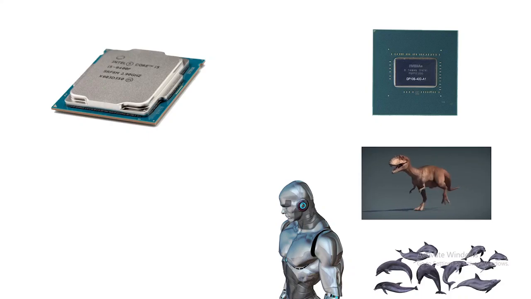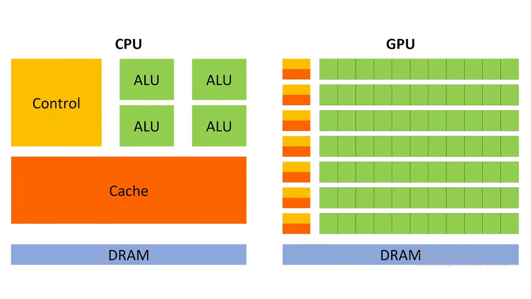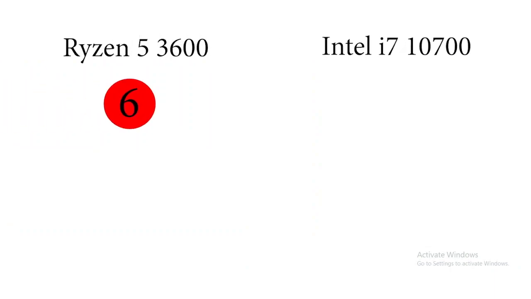Speaking of architecture, let's go over the physical difference of these two chips. Where CPUs will have the advantage of larger pools of cache memory, GPUs have a huge advantage in the brute force of their thousands of cores. So for an example, a modern CPU, say the Ryzen 5 3600, which is a 6-core CPU, or an i7 10700K, which is an 8-core CPU, are typical CPU core sizes, 6 to 8.